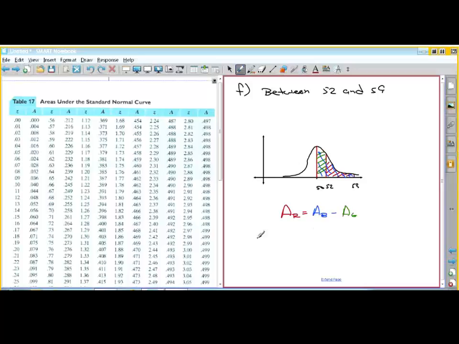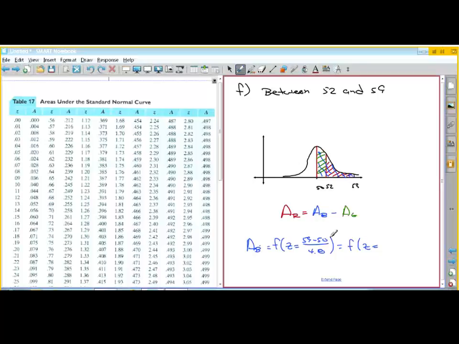Okay, so here we go. That's what we will do first, blue area. So the blue area is a function of the z-score associated with the right-hand limit, which is 59. So the z-score is 59 minus the mean, 50, divided by 4.8.